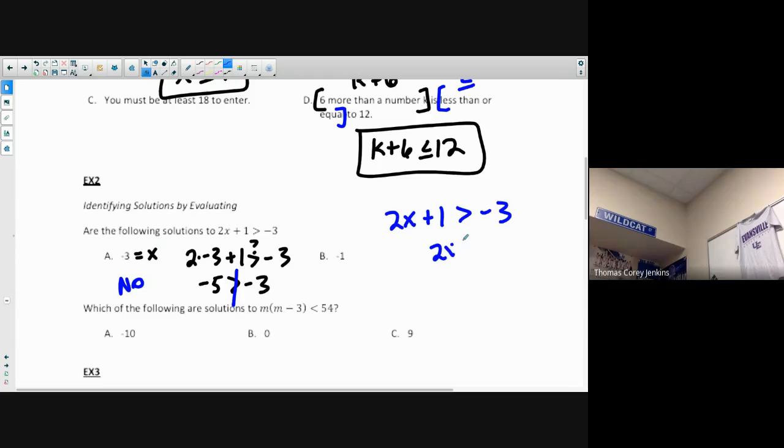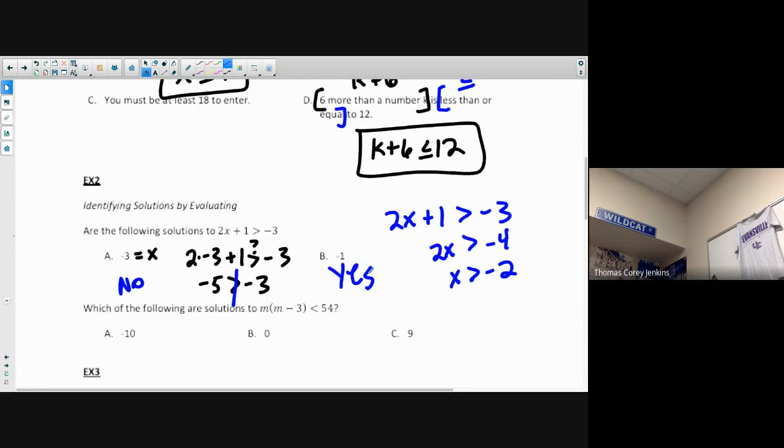That would be 2x is greater than negative 4. Divide by 2, we get x is greater than negative 2. Then we can easily compare now. We could easily see that negative 3 is not greater than negative 2, so that'd be a quick no. Negative 1 is greater than negative 2, so this one would be a yes.